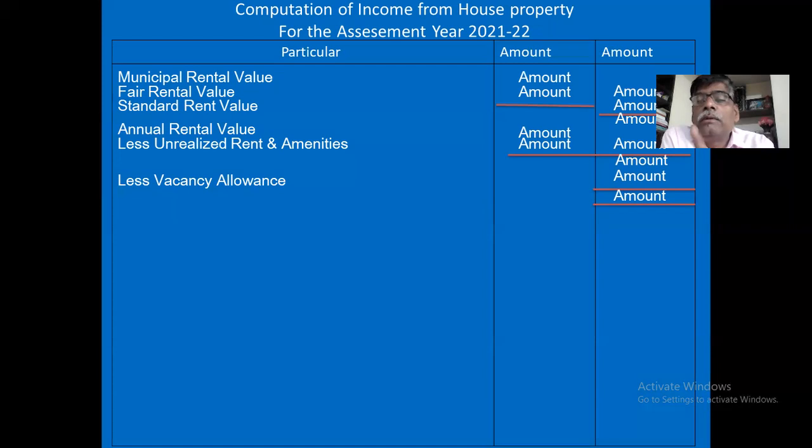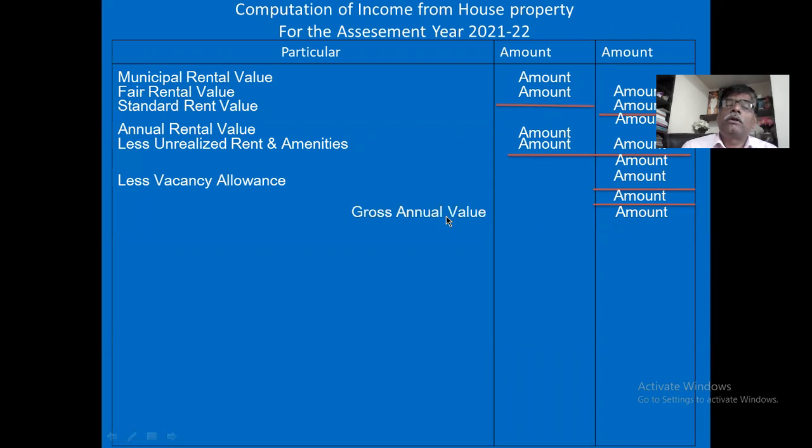You take the lesser of these two, the first and last amount, to the next line.